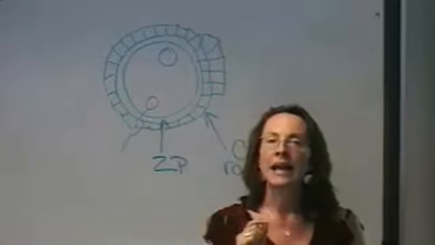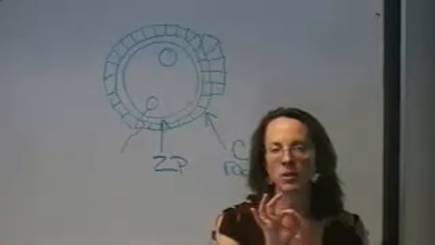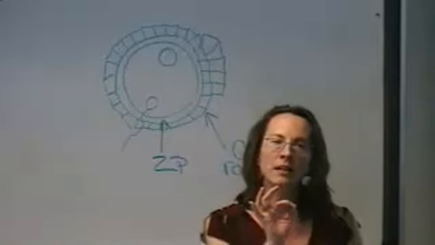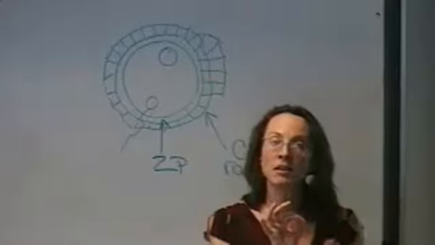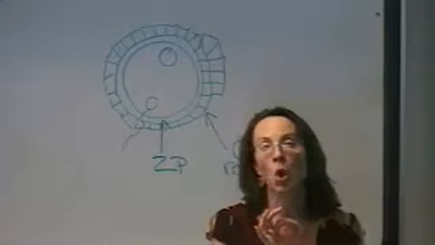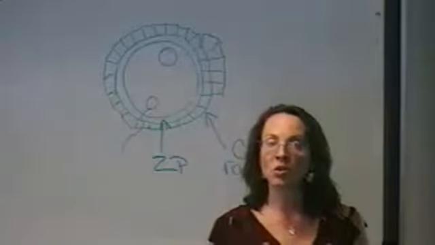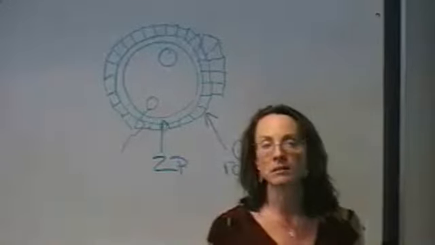If a woman gets pregnant, human chorionic gonadotropin from this little bitty blastocyst cell will stimulate the corpus luteum to release progesterone. That progesterone will keep the body in that state of pregnancy.